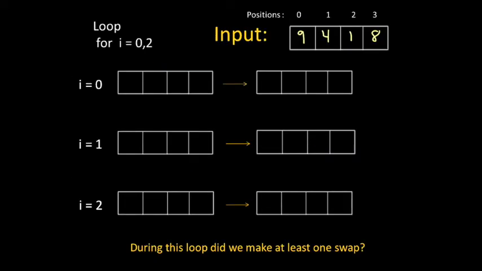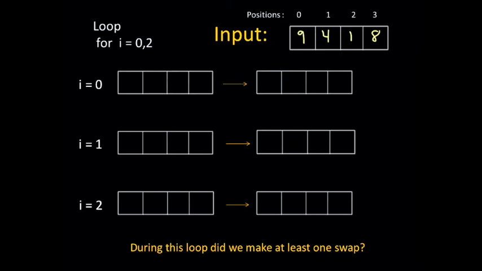Let's take a look at an example. We want to sort this list: 9, 4, 1, 8. We start from position 0 and we go to position n minus 1 here, which is 2. So that's what the loop for i equals 0 to 2 means. And at each step, we're going to ask if the current value, the value at position i, is greater than the one at the next position.